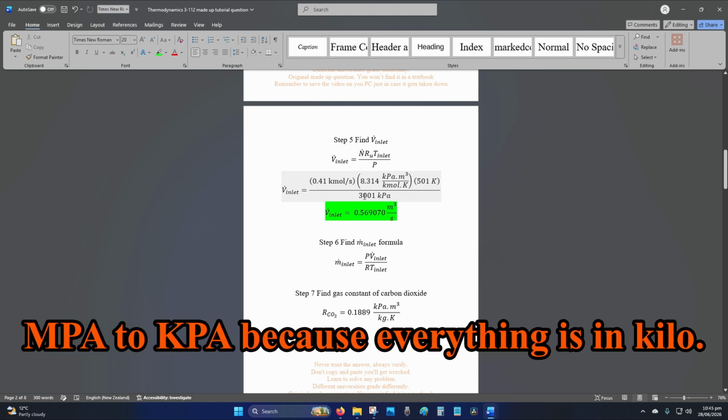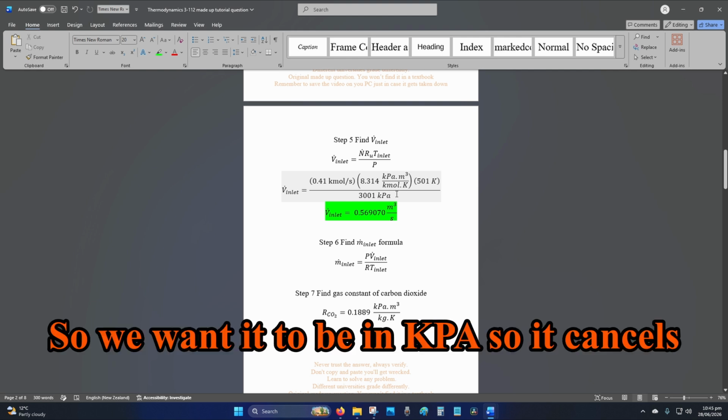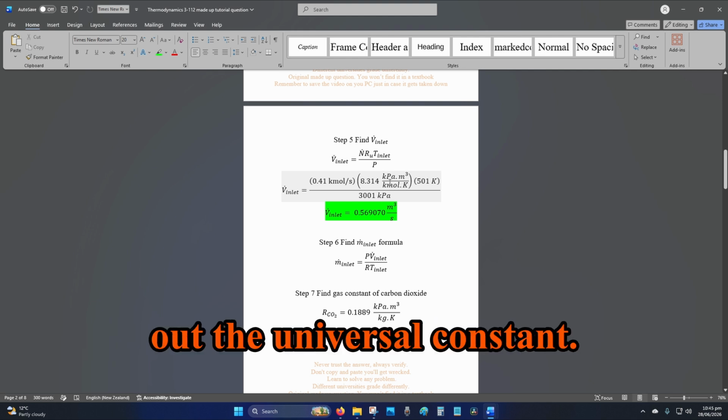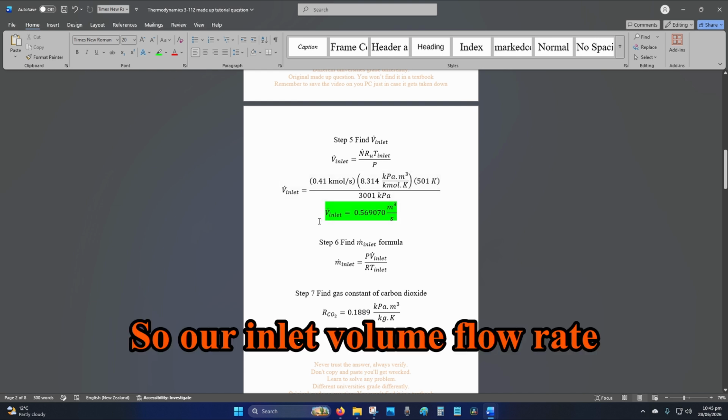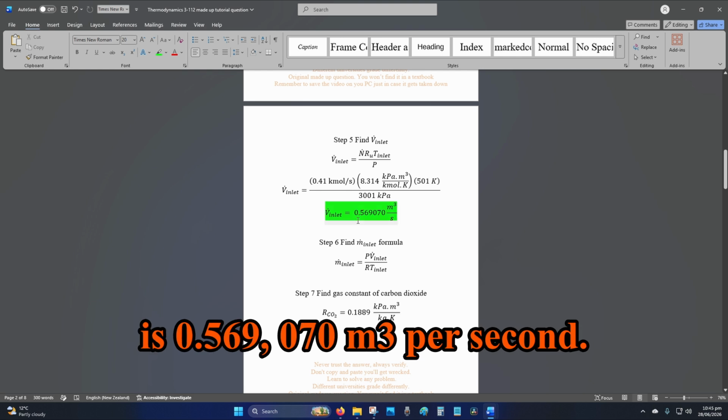We convert MPa to kPa because everything is in kilo, so it cancels out the universal constant. So our inlet volume flow rate is 0.569070 meters cubed per second.